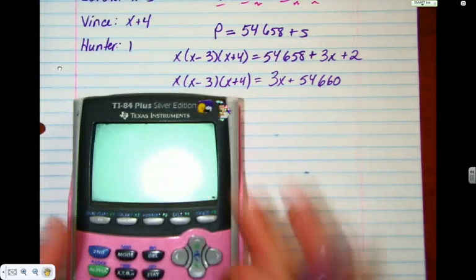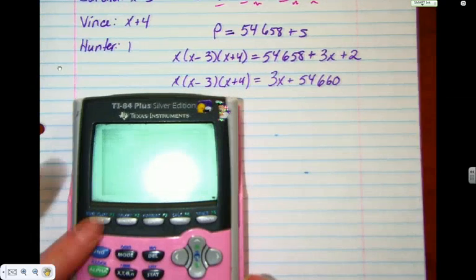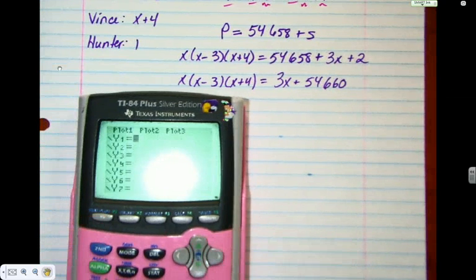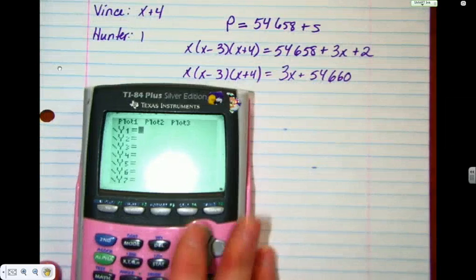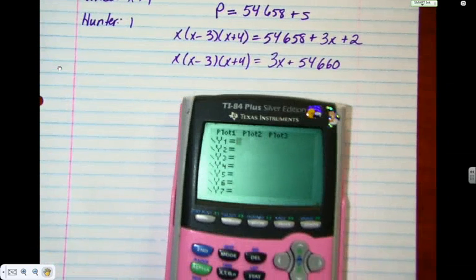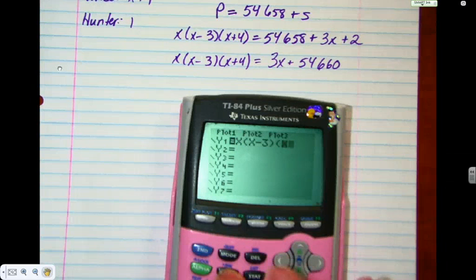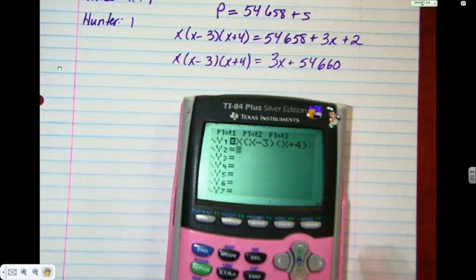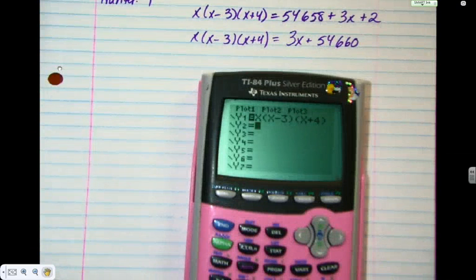Intercept method or intersect method? Okay, what would you like to put into y1? And into y2?